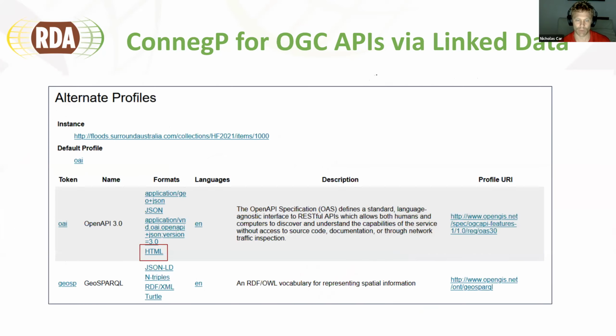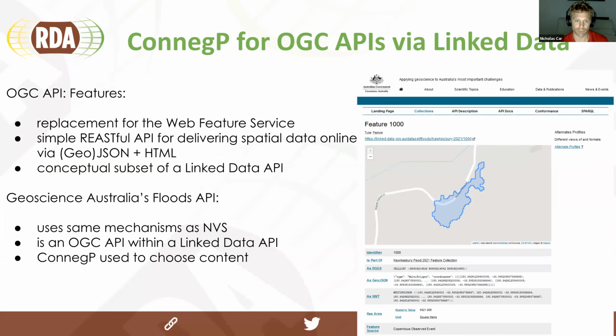That's one thing. Now, one of the things we realized when doing the work here was that some APIs that are RESTful APIs are actually just conceptual subsets of content negotiation by profile. And one of them is the OGC Features API. So the OGC Features API is a replacement for Web Feature Services and so on. It uses JSON instead of XML.